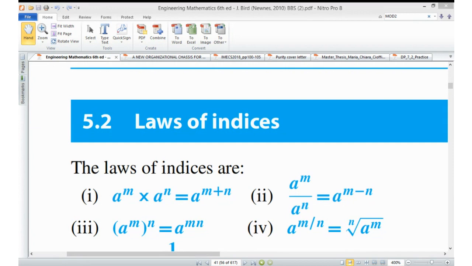We are expanding the powers that are given. That will happen even if the powers have been raised in 3 tiers. Maybe a raised to power m in brackets n, and then another bracket outside raised to power p. So this can still move beyond 2 powers.